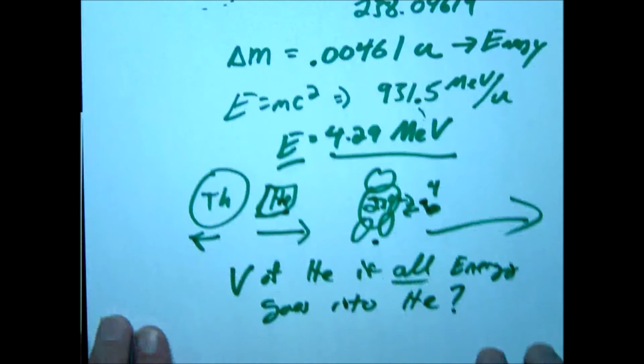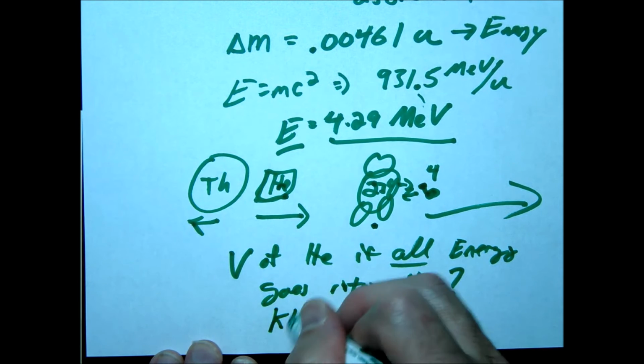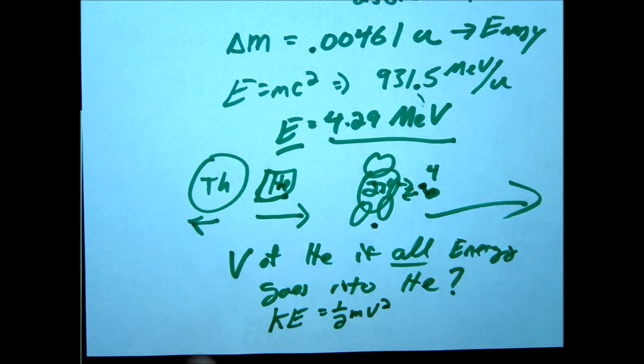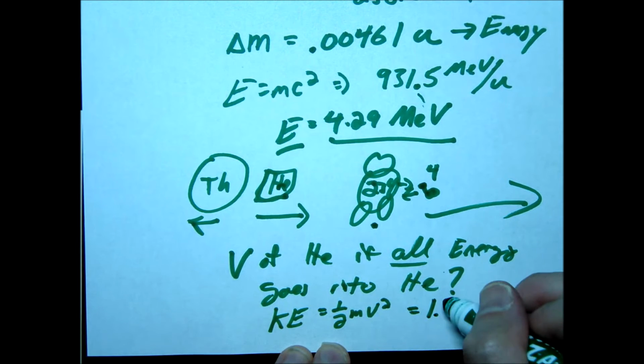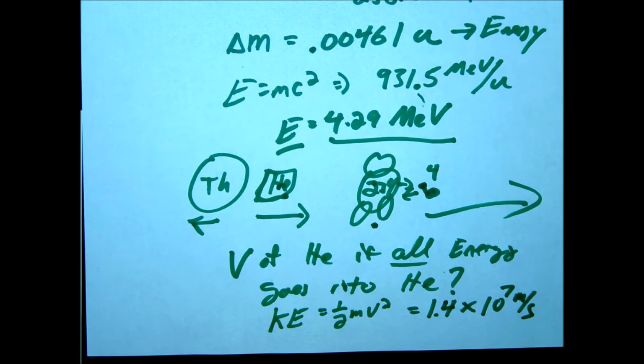I'm just going to leave this up to you to solve. You're essentially solving for kinetic energy, 1/2 mv squared. You do have to make some conversions into mass to solve it, but I'll leave it up to you. I'll write the answer here so you can check your answer. You should get about 1.4 times 10 to the 7th meters per second.